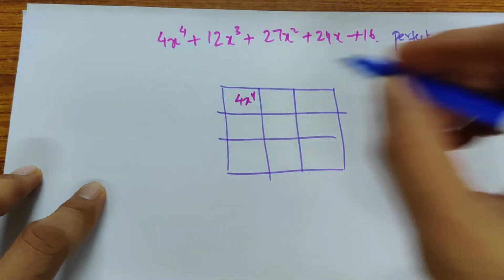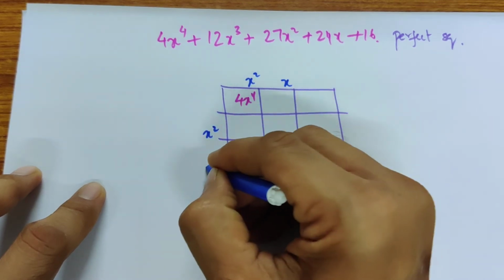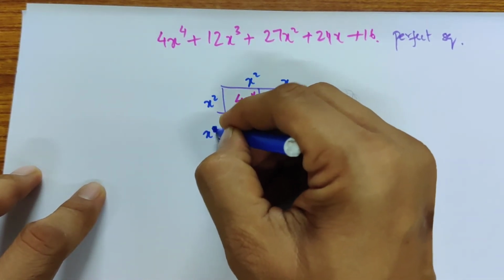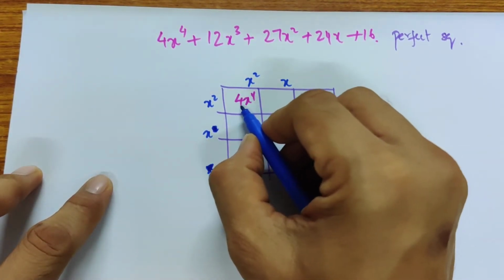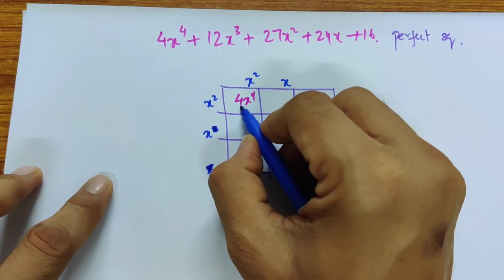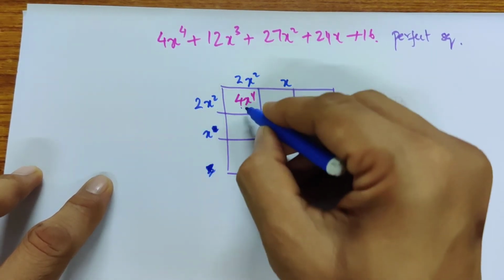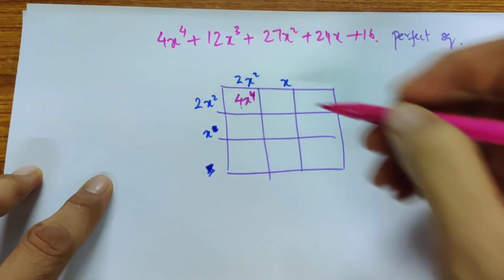I know the expressions will have x square, x and nothing, and x square, x and no x. The question is which square will give 4. So what's the square root of 4? 2. So this will be a 2x square, this will be a 2x square. Only then you will get 4x to the power of 4.